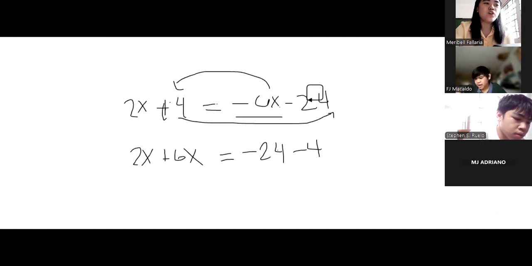We're going to solve 2x plus 6x. Stephen, what is the answer?